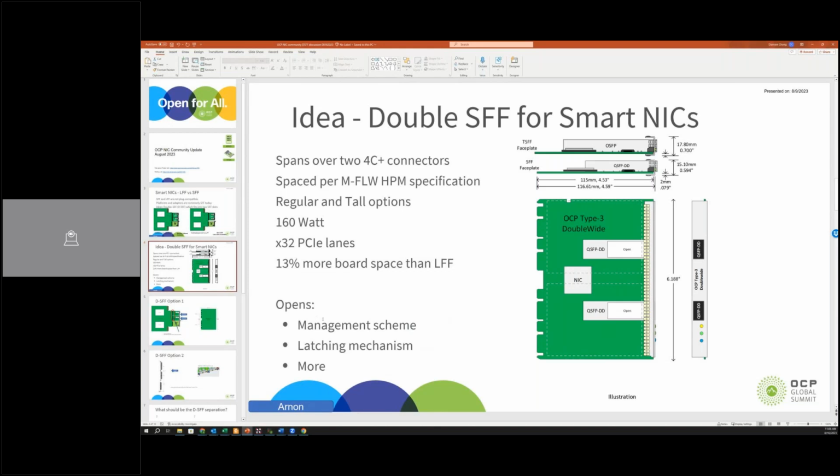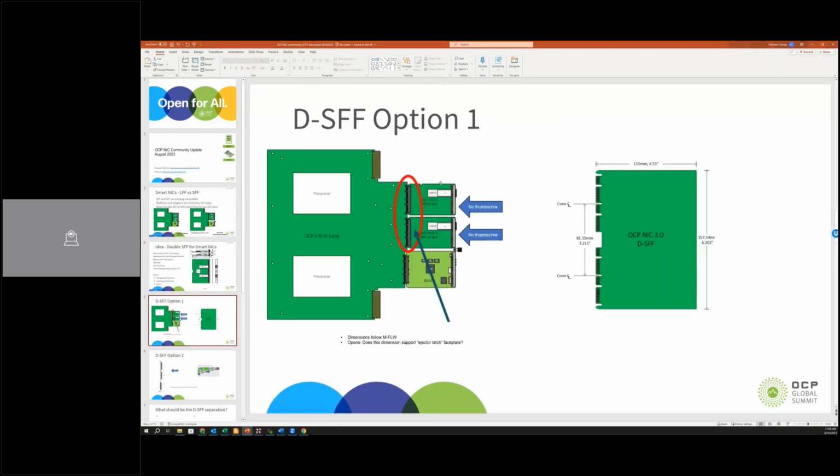From there we discussed a bit more, and we realized that the proposal we talked about last week, I just coined it as option one. We can have a different name if you want. When we discussed last week, we realized that it's unable to support a thumb screw. After that I had some discussion with Corey.